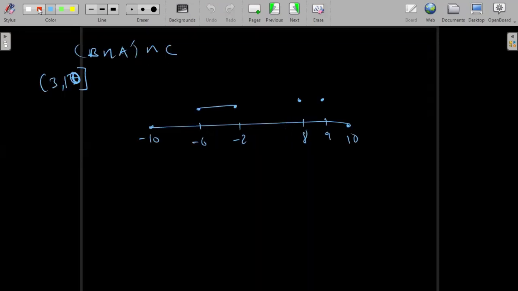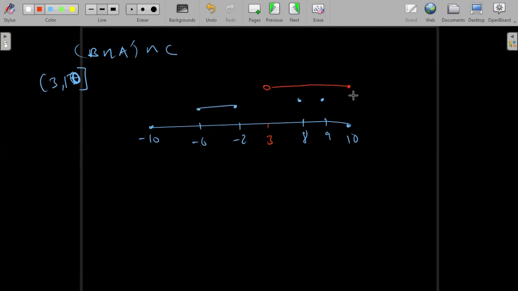So now, allow me to use a different color. Let me use red this time to plot that. So let's say our 3 is here, then all the way up to 10. It is open at 3, then it goes all the way up to 10, like this.